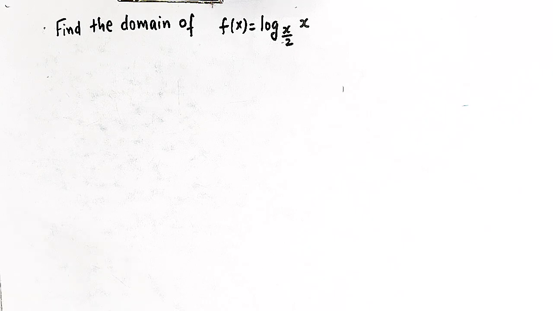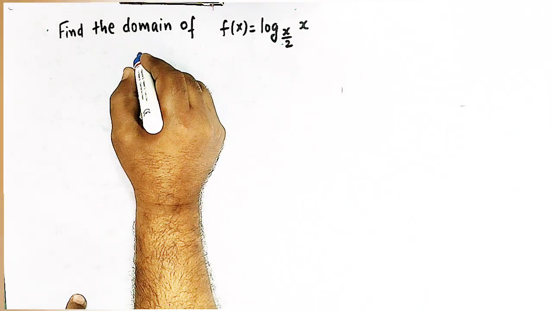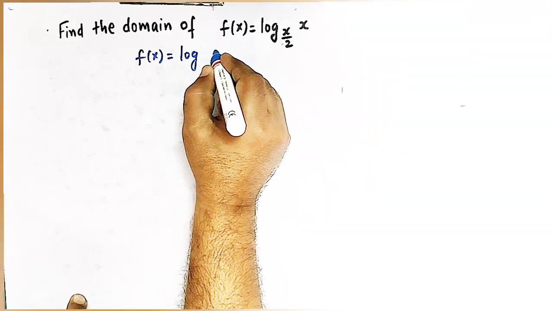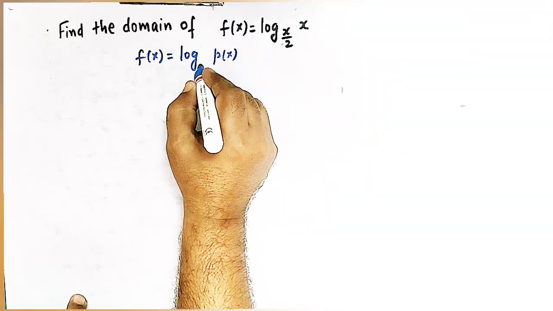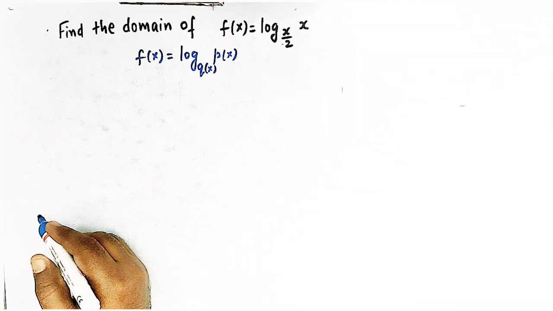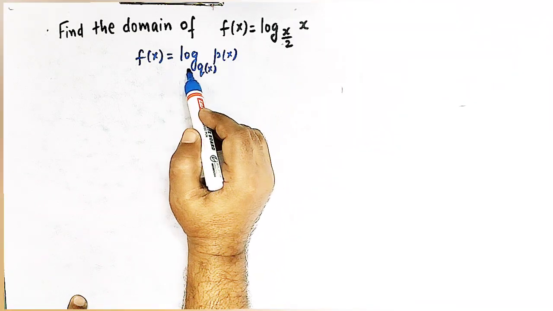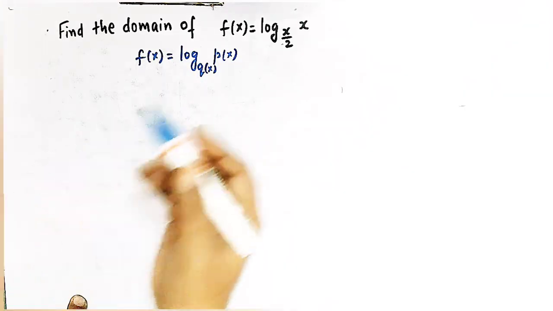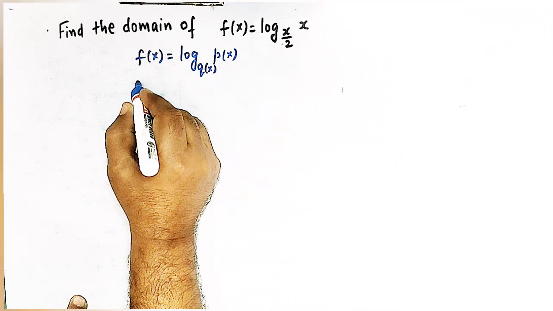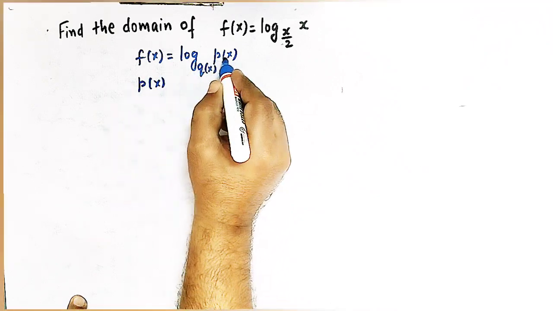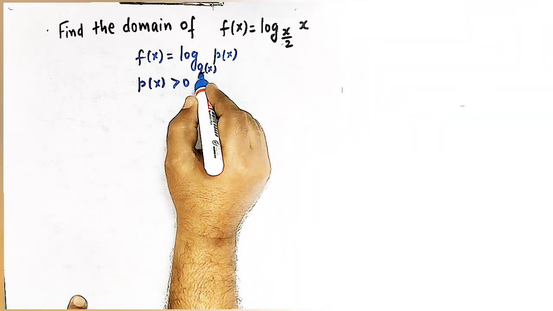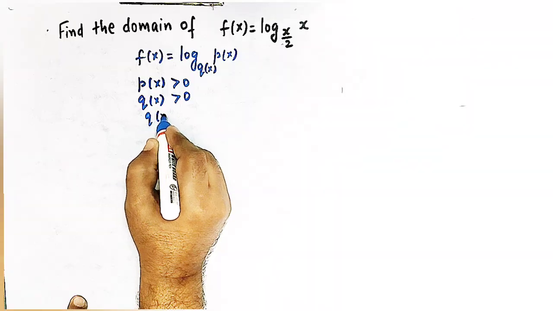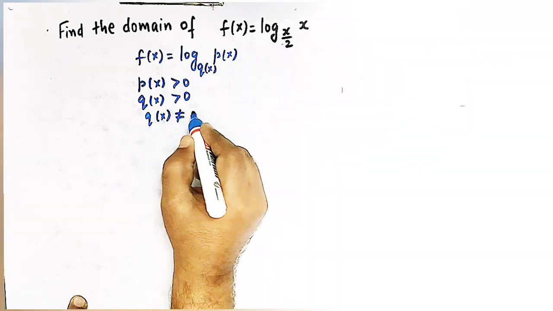So let us start. Consider a function f of x, which is equal to the logarithm of p of x, and here the base is q of x. The valid values of x for which this function f of x is defined are given by these inequalities: p of x must be greater than 0, q of x should also be greater than 0, and q of x should not be equal to 1.